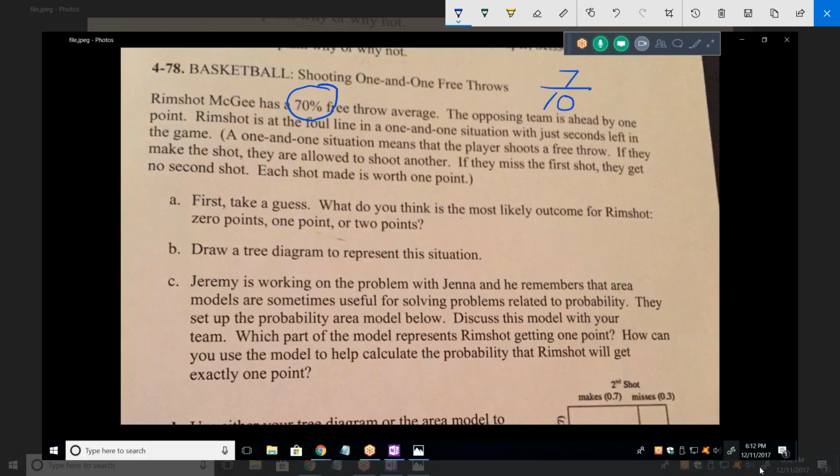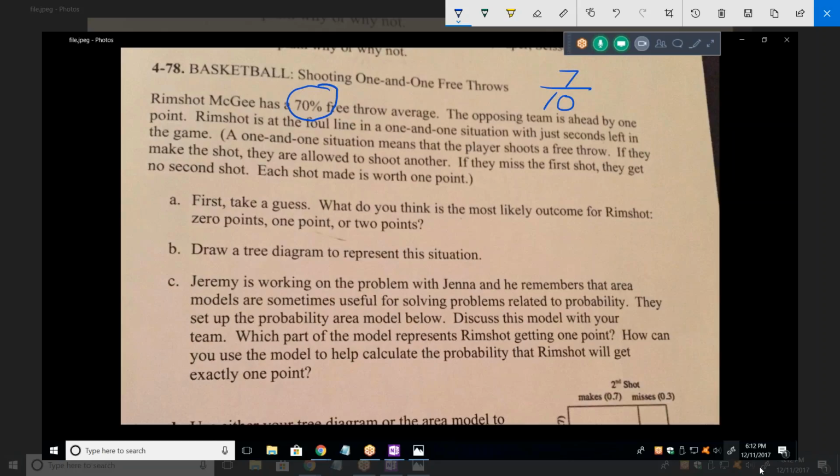So the question is, it says take a guess, but they don't ask a question. So I'm trying to read what the question is.